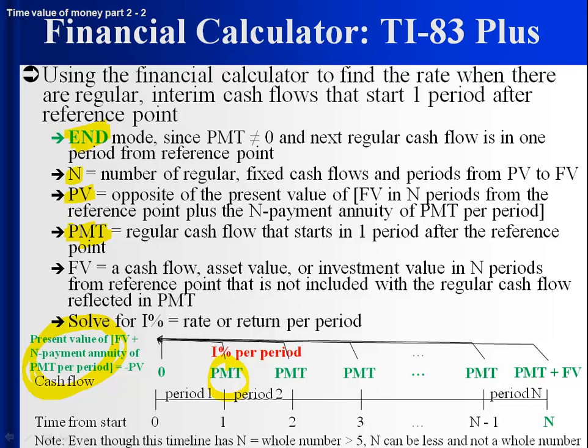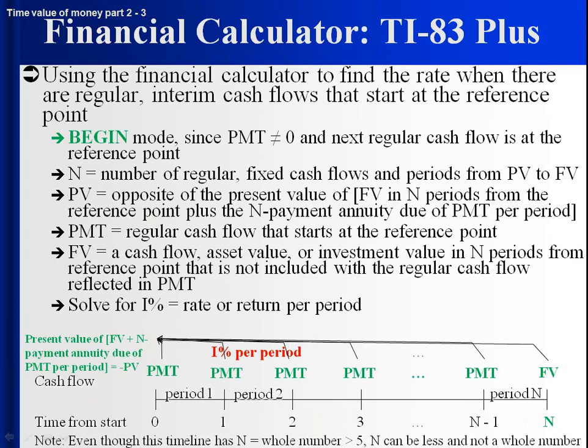You tell it N so it knows how many there are, and if they start in time 1, the second's at 2, third's in 3, the nth is at time n. Give it FV. It's an extra cash flow not captured by these payments at time n. And then we'll solve for I%, which is the interest rate or the discount rate, such that the present value of all of these is consistent with the PV that we gave it.